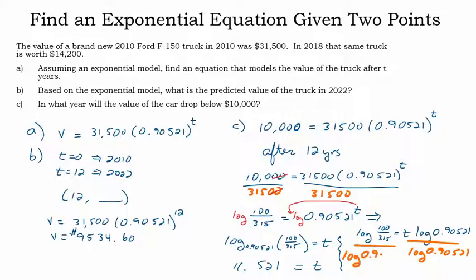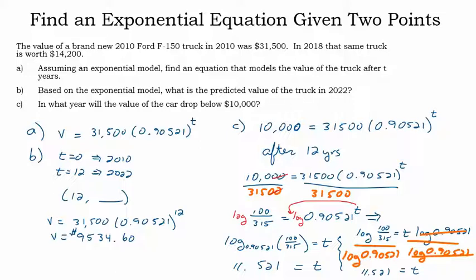So now you can punch into your calculator. These cross out. Log of 100 over 315, all divided by log of 0.9052, and you should get the same exact answer of 11.521. And you should try that on your calculator. Practice with your calculator and make sure that it's working.